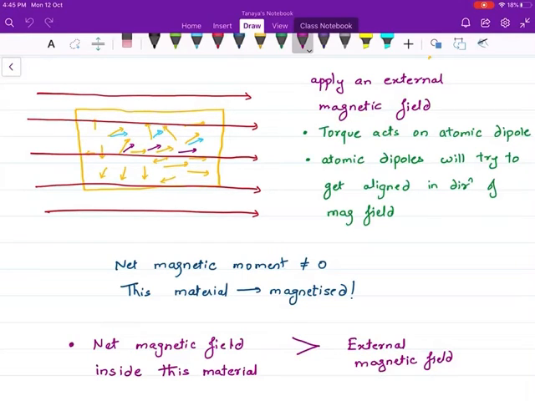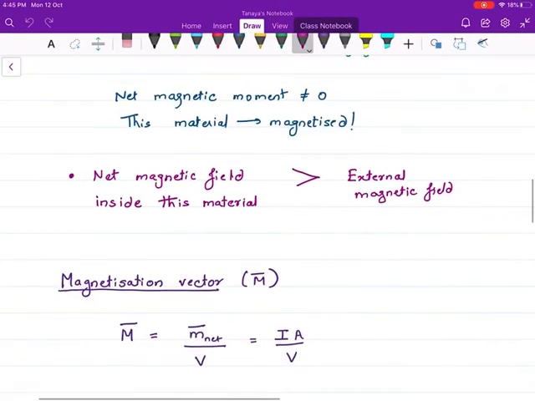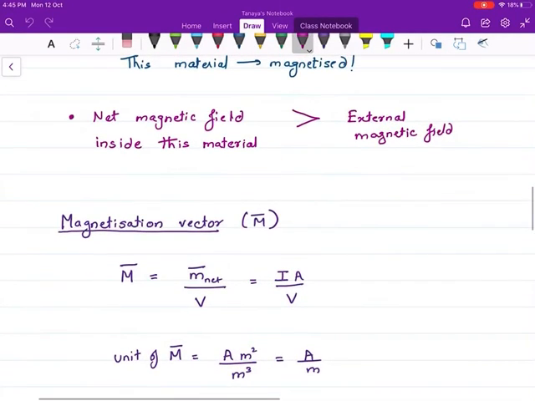If there is some external magnetic field, that field is passing through the material, and the atomic dipoles are also creating some magnetic field. So the magnetic field inside is greater than the external magnetic field. Remember this point because we will need it later when we study magnetic intensity.